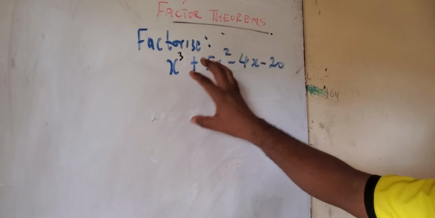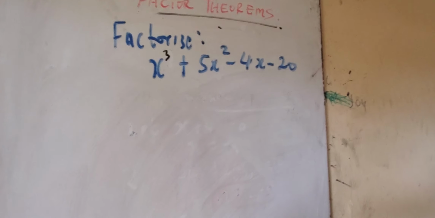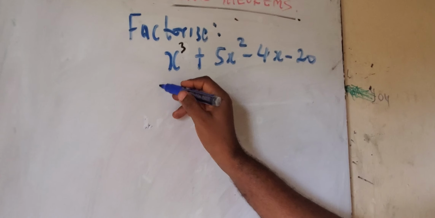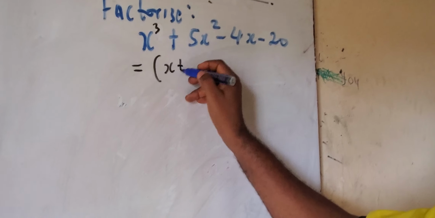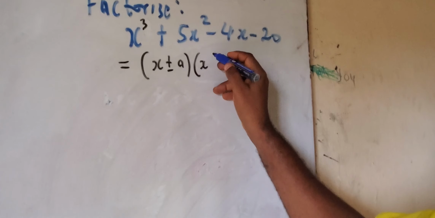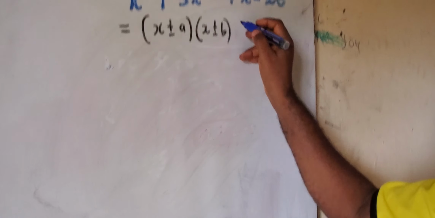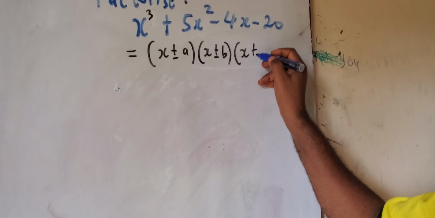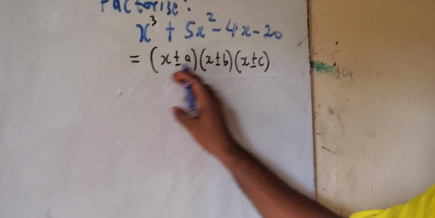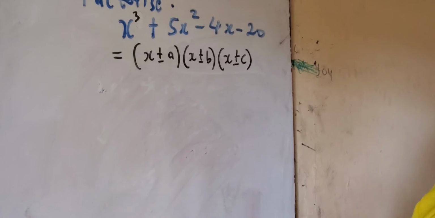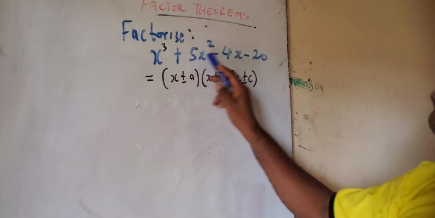That means this polynomial will have 3 sets of factors. So the factors of this polynomial, we have this shape of x plus or minus a, x plus or minus b, then times x plus or minus c. If you open this bracket by multiplying these factors, we are going to have a polynomial that will have this type of format.